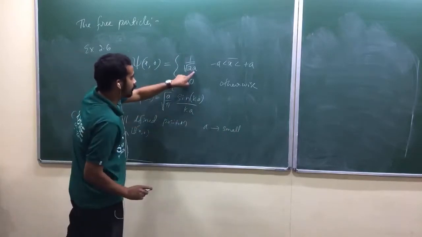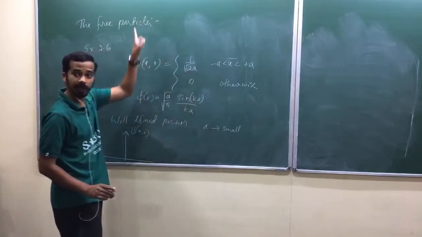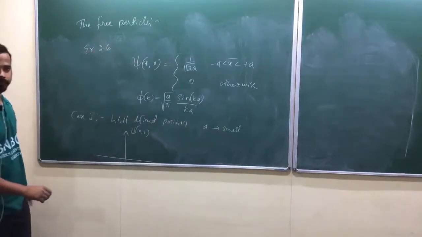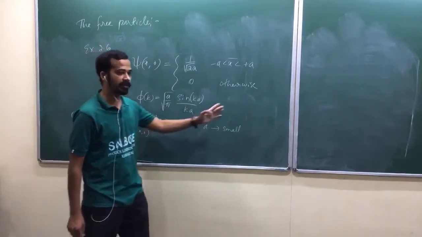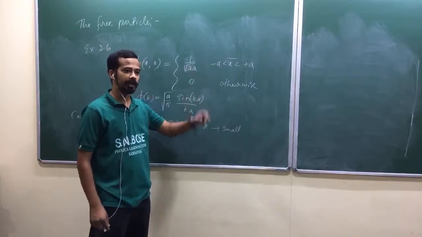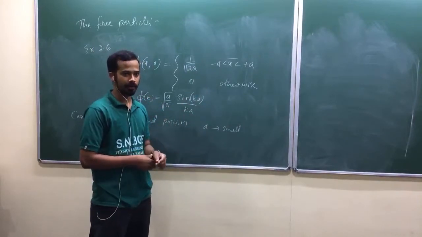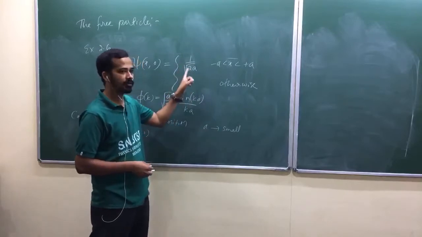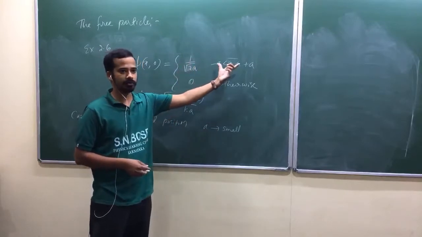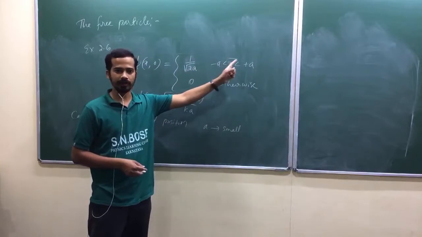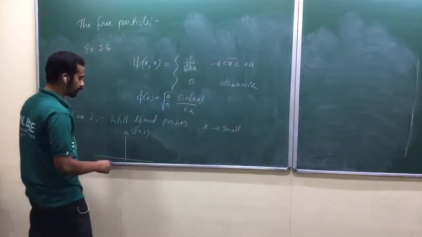When a is small, look at here, the denominator is small. This becomes high. If you make a tend to 0, it will become a Dirac delta. If you make a tend to 0, 1 by 0 is infinity, isn't it? This will shrink to 0 at x equal to 0. That will become a Dirac delta.